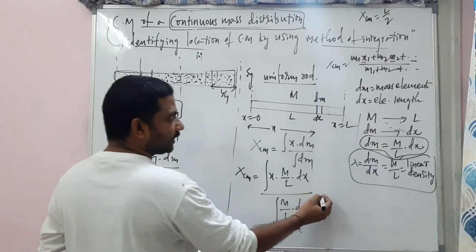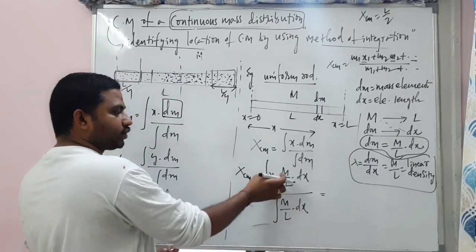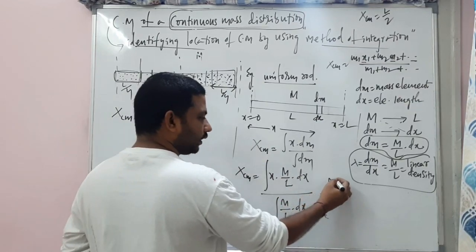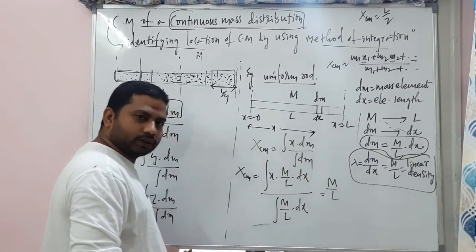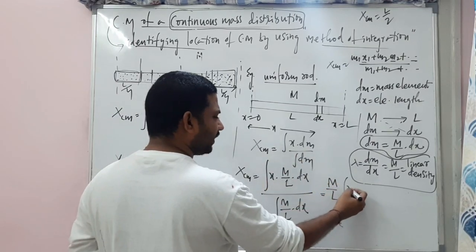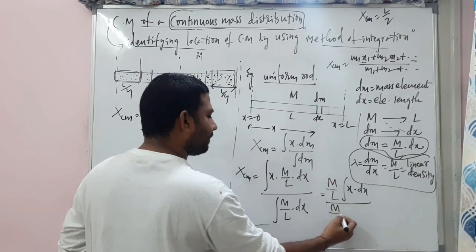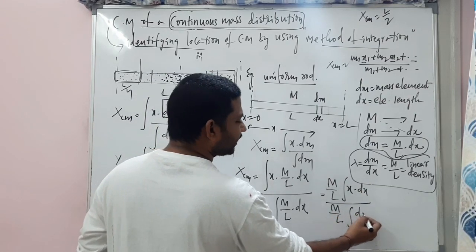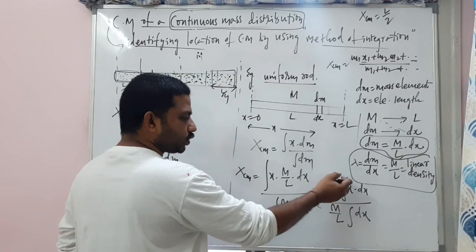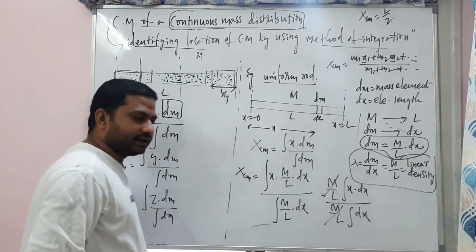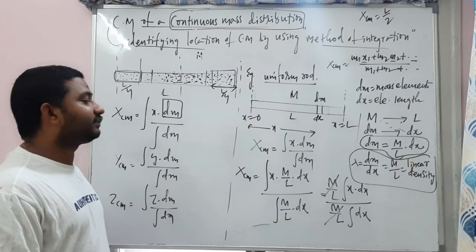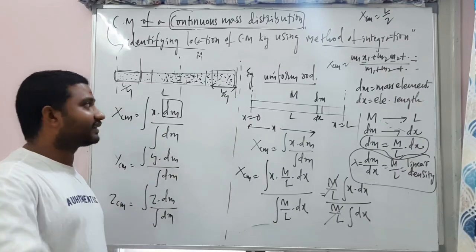Now have a look at it. This M by L will come out, and what remains is integral x dx divided by, here also M by L will come out, integral dx. So M by L and M by L cancel here. This is an important and interesting point, my dear students. Listen.